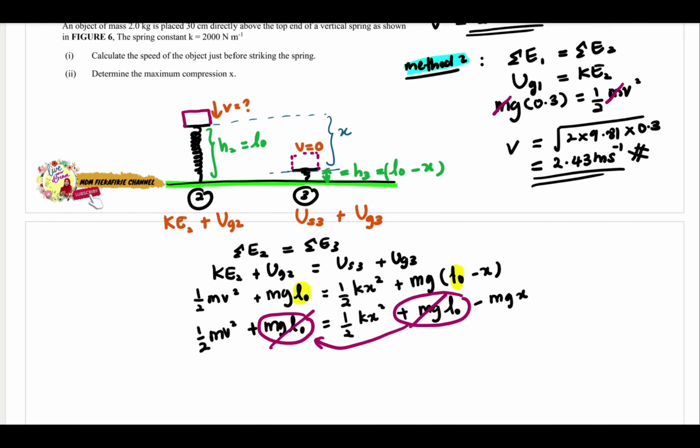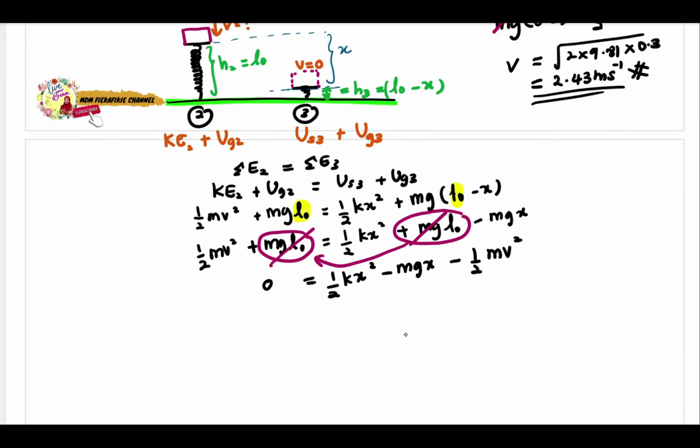Okay, ini kita ada quadratic equation. So, kita boleh jadi 0. Bawa pergi sebelah kanan: half kx squared minus mgx minus half mv squared. So, kita boleh guna calculator.